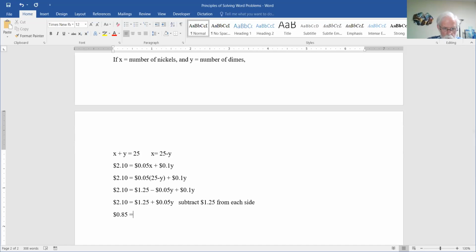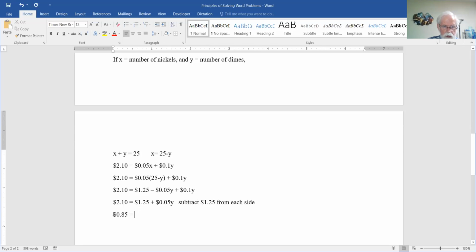Remember, if you can't do these things in your head yet, you'll learn. You're going to work with a lot of numbers. If you can't do these things in your head yet, don't hesitate to use a calculator. That's why we have them. I just need to remember going left to right.